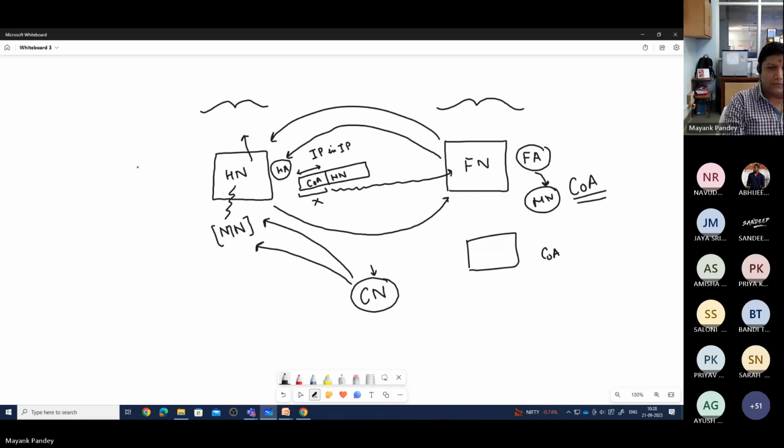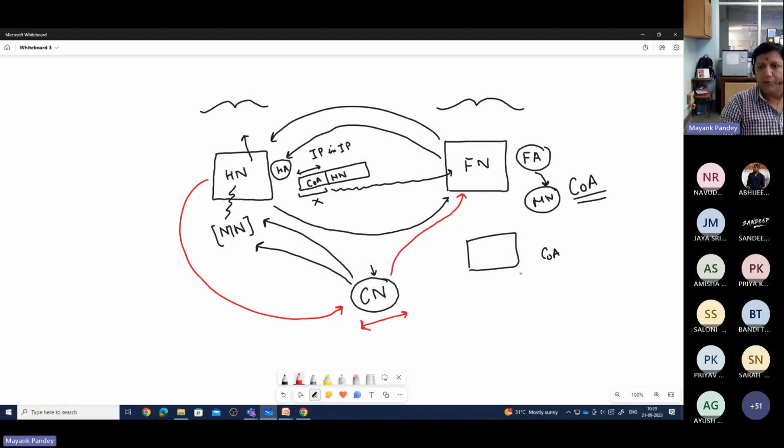There is another version: instead of the home agent doing the tunneling and transferring the packet, the home agent can inform the correspondent node directly about the current location of the mobile node, and the correspondent node can transfer the data directly to the foreign network. But in this case, the correspondent node will not be transparent about the mobile node's location; it will know where the mobile node currently is.